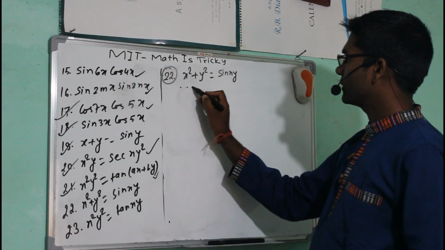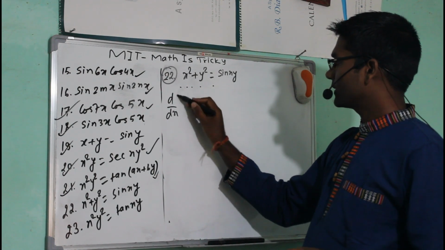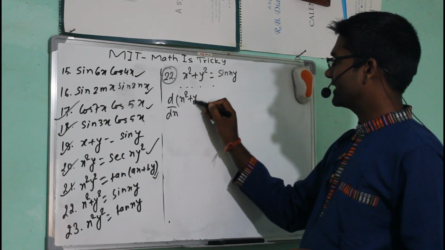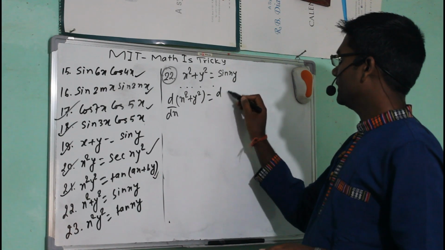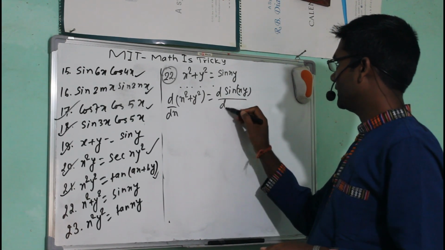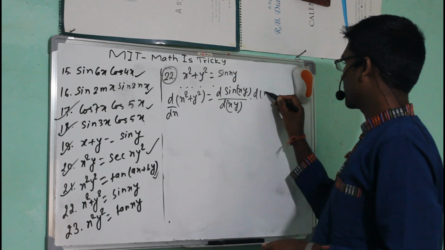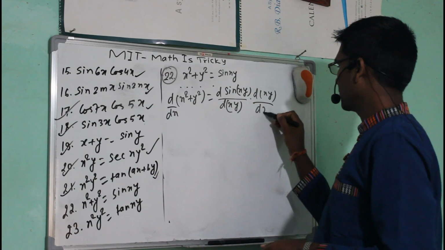So differentiating both sides with respect to x, we get d/dx of x² + y² equals d/dx of sin(xy), using the chain rule, d(xy)/dx.